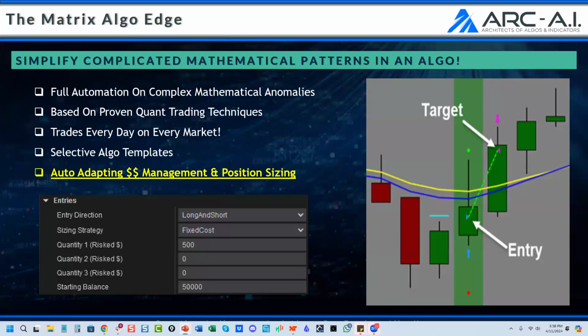Because if you're using bars that change size, what'll happen is if you use a stop size that is just fixed, or money management that is just fixed and it's not adapting to the condition of the market, or to the price action or the volatility, you're not going to see the results that you could be, and your position sizing is going to be all over the place.